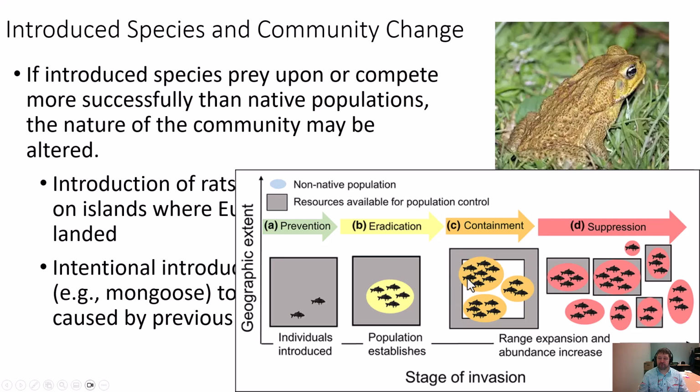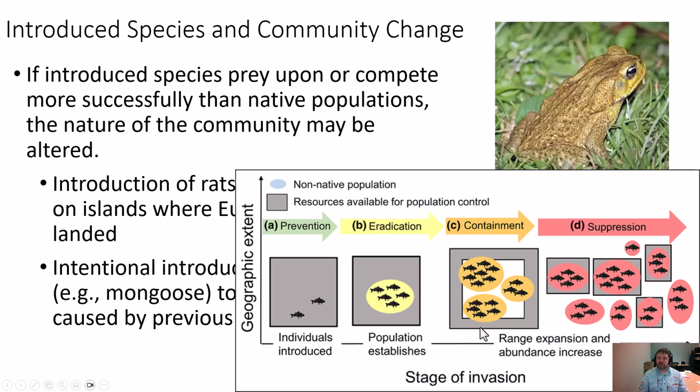We don't want them to move to another region. And so things like zebra mussels that have been found in the Great Lakes, we don't want the zebra mussels to make it to other bodies of water. And so we try to contain them to a certain region. We know that we're likely not going to eradicate them, but if we can contain them, then that would be ideal.